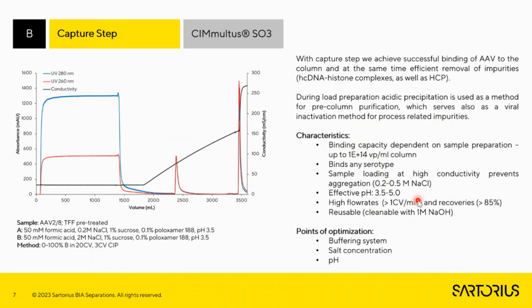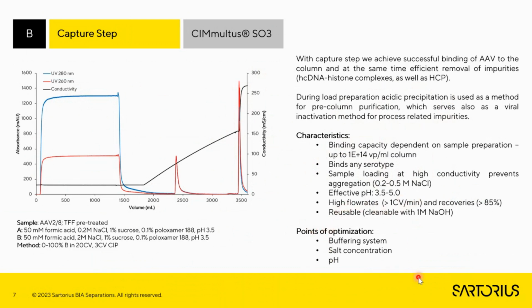So from small scale also to the larger scale. Unique also to the monoliths, they are reusable, so it sustains the cleaning with 1 molar sodium hydroxide, so it supports multiple uses.